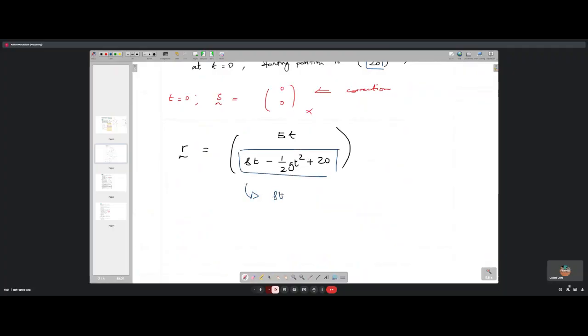So therefore you would have 8t minus half gt squared plus 20 is equal to 0, and you would just solve that for t. Does that make sense? And then when you find the value for t, you sub it back in, and you would get a value for x. So x would be 5t, and that would be your distance OB.